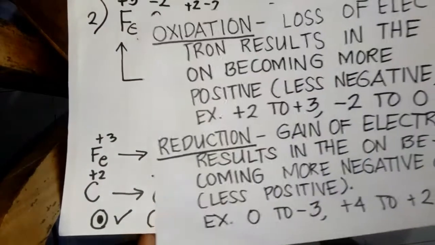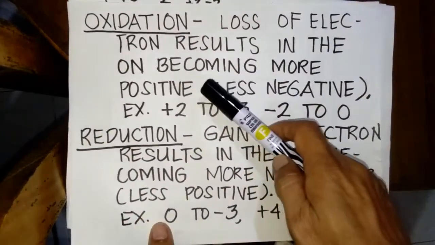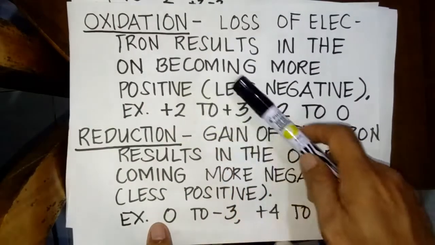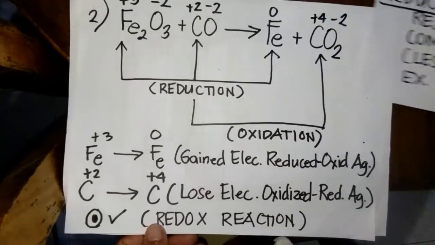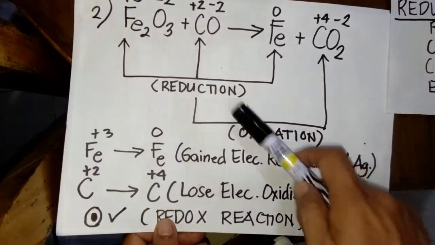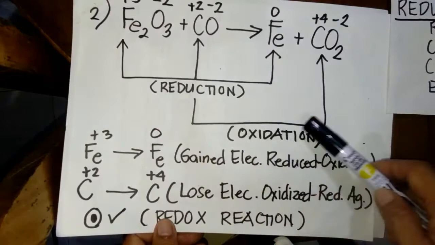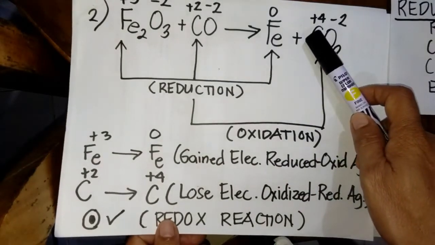when there is a loss of electron and it results in the oxidation number becoming more positive or less negative. So you see here, oxidation, becoming more positive from positive 2 to positive 4. It is becoming more positive.